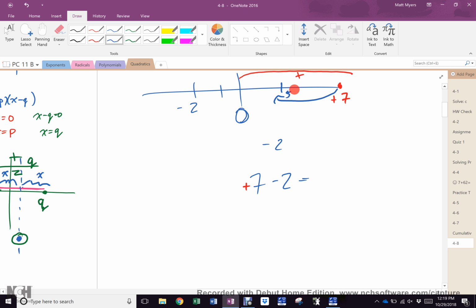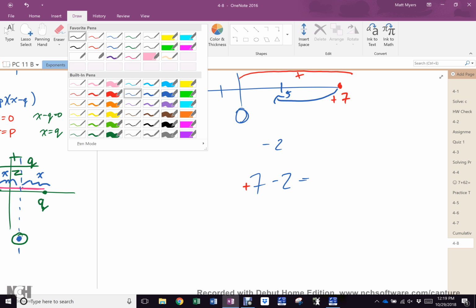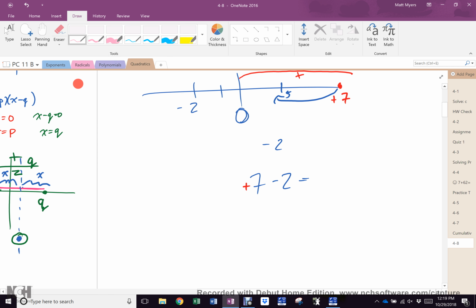Everybody with me? Now what is really happening here? This is really, I'm going to change colors to a third color, positive 7 plus negative 2. Right? Positive 7 steps and then negative 2 steps. Subtraction doesn't really exist. It's adding negatives. Everybody with me?